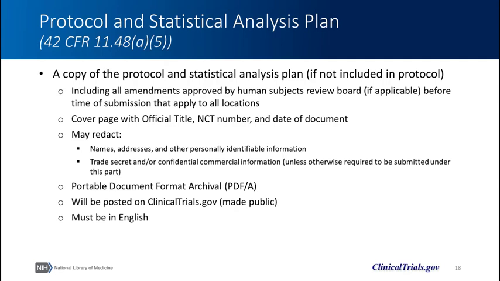The submission may redact sensitive details, including personally identifiable information and trade secret or confidential commercial information. The documents must be in PDF/A format to prohibit any issues accessing the information in future, and they must be in English since they will be posted to the ClinicalTrials.gov website.